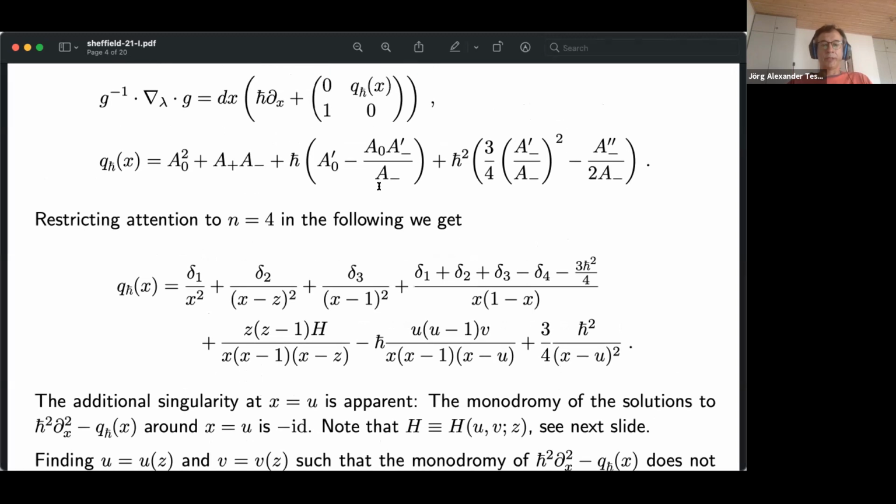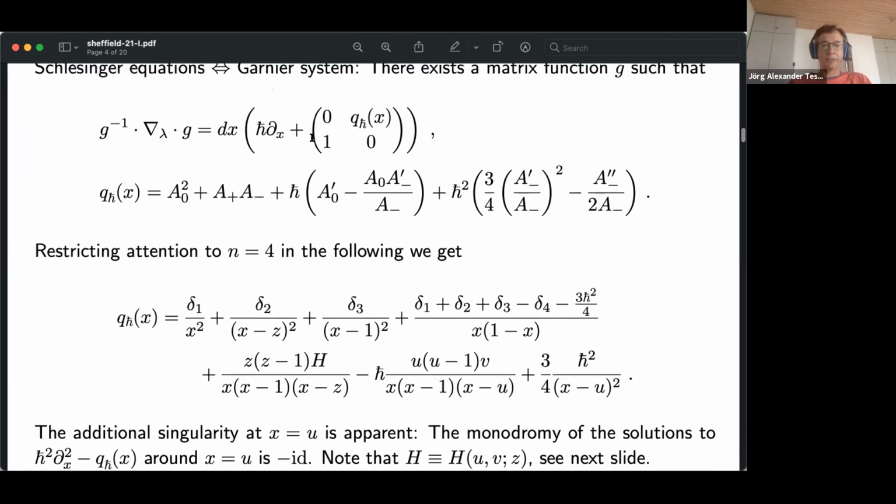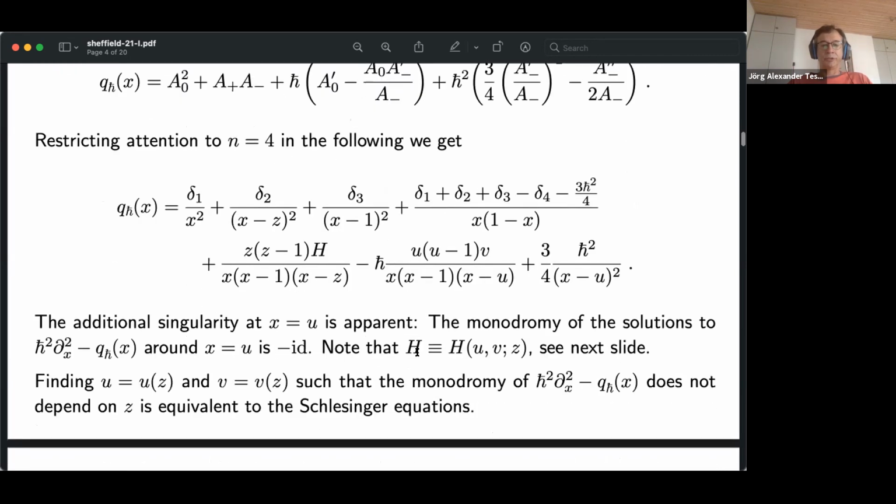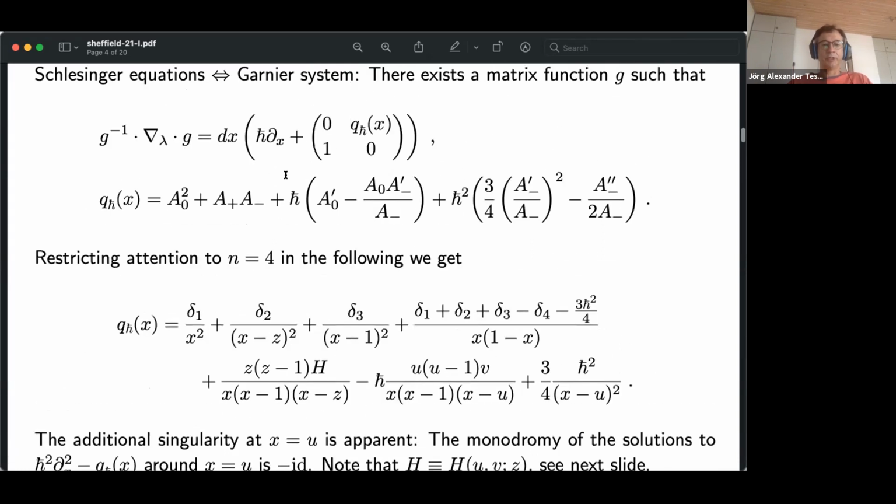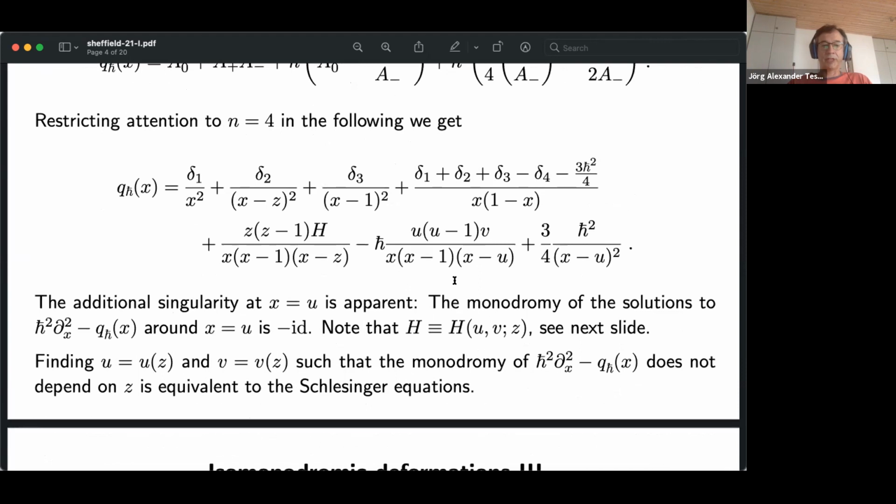That is simply equivalent to the statement that the singularity at x equals U that we see here is an artifact of this gauge transformation G from an ordinary holomorphic connection to something that has a standard form, but which is meromorphic. It has additional poles. So this ensures that the monodromy of this connection, which is the same as the monodromy of the second order differential equation around the point x equals U, will be minus the identity.